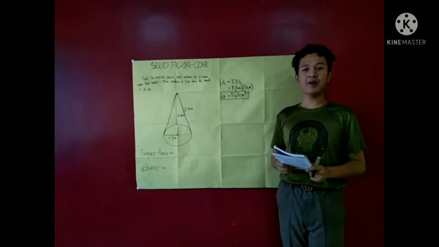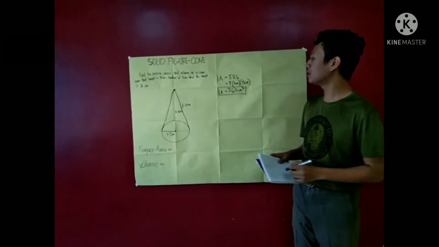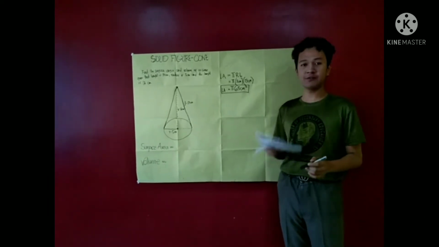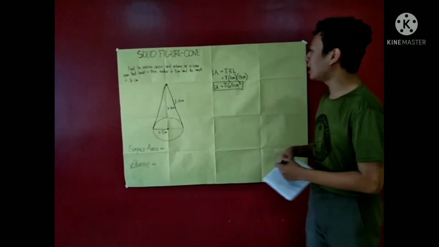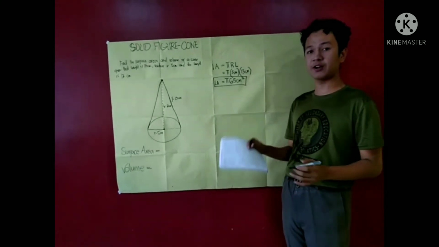I am Abraham Lama, and I am the next presenter of this topic. How do we find the surface area? After finding the lateral area, let's proceed to find the surface area of a cone.